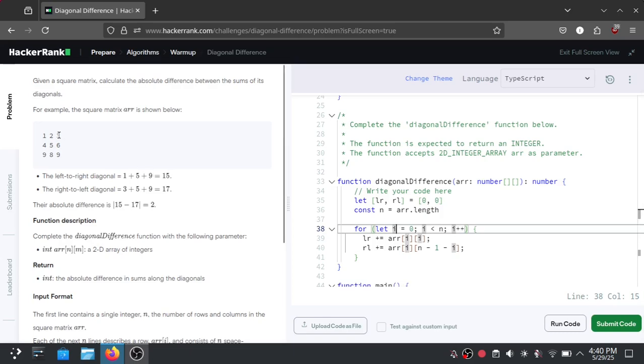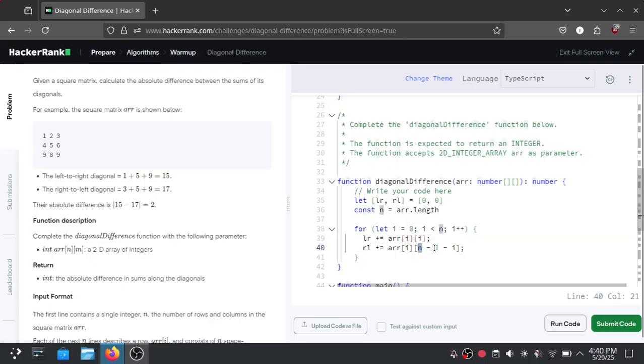So for the first iteration, for the top right to the bottom left, we are pointing the array 0, and then the second dimension is n is 3, -1 is 2, and then -0 for the first iteration. And for the second iteration, this will be 1, and this will stay on 2, and -1, which is 1.